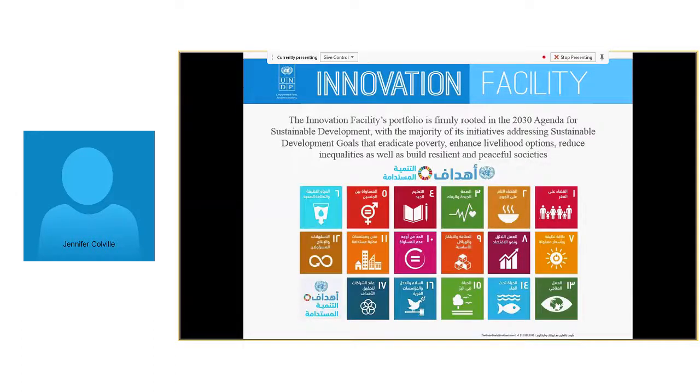Certainly the work that the Innovation Facility does sits at the heart of the 2030 Agenda. I think the majority, if not all, of the initiatives that the Innovation Facility has supported over the past 3 years, since 2015, sit squarely in one or more of the Sustainable Development Goals.